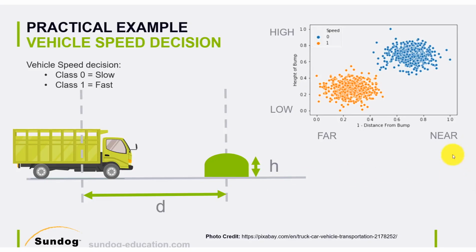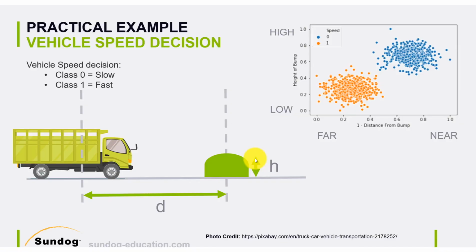All right. So here on the x-axis we have our distance away from the bump. Here we have the height of the bump. In a very simple form, if the height of the bump is high, that means the speed of the truck has to be low.